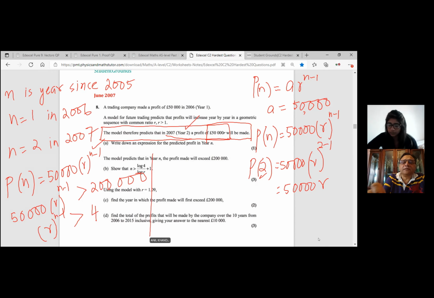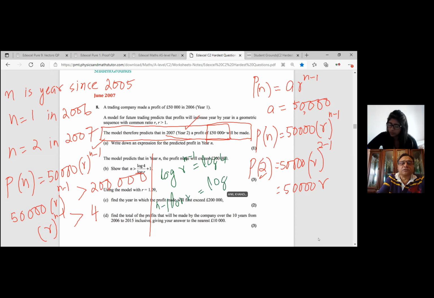So we'll take log both sides. When you take log both sides, R to the power of N minus 1 gives log of 4. It will be N minus 1 times log of R equals log of 4.